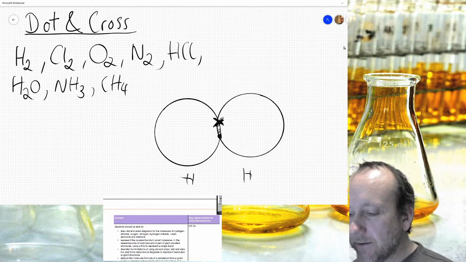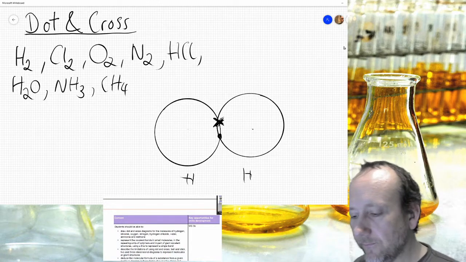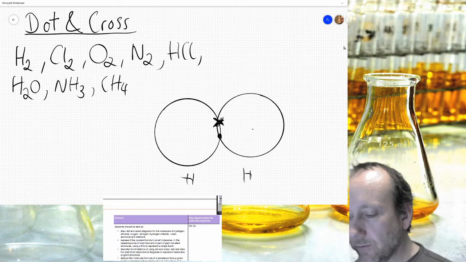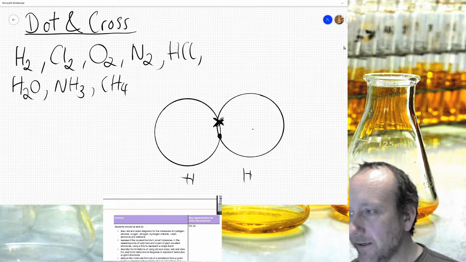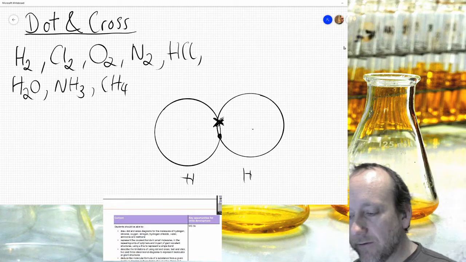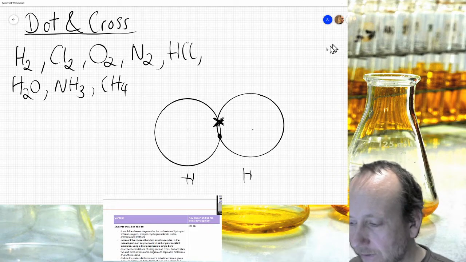Because when we count in the first shell, which is the only shell they have, we've got an overall configuration of 2, which is, as the 2, 8, 8 rule says, a perfect outer shell. But remember that's only a share. Each hydrogen atom only has a share, and it has given its own outer electron in order to have that.